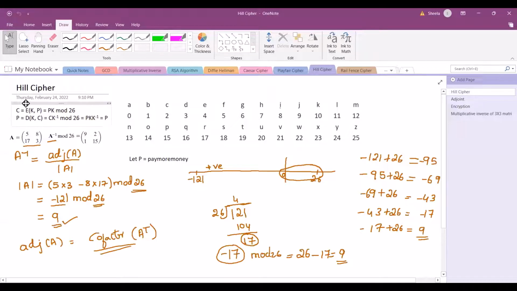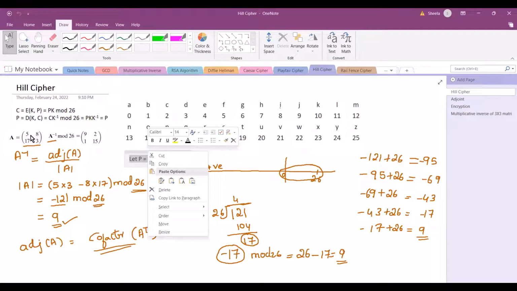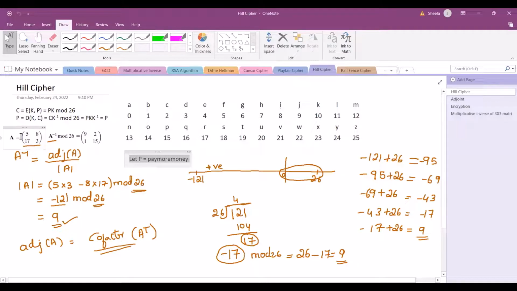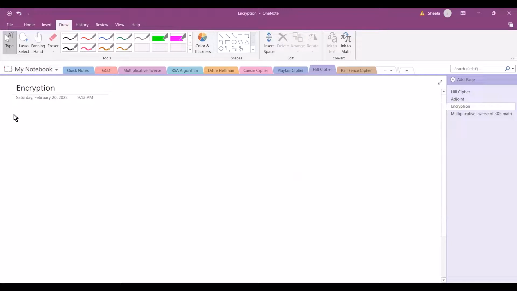The message we have is pay more money, and the matrix we have is A. Now I'll consider the corresponding matrix. Here we have the plain text: pay more money.